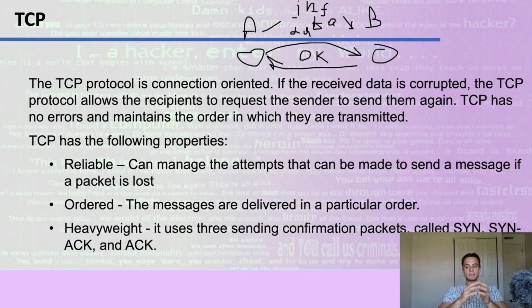Also, the messages that have been sent are sent in order, and for that reason this method is quite ordered. And the final thing, due to the complexity of that method, the TCP is quite heavyweight, and this is pretty much due to the fact that the TCP has the ability to verify that the connection can be established through the socket even before a packet can be sent through the web.